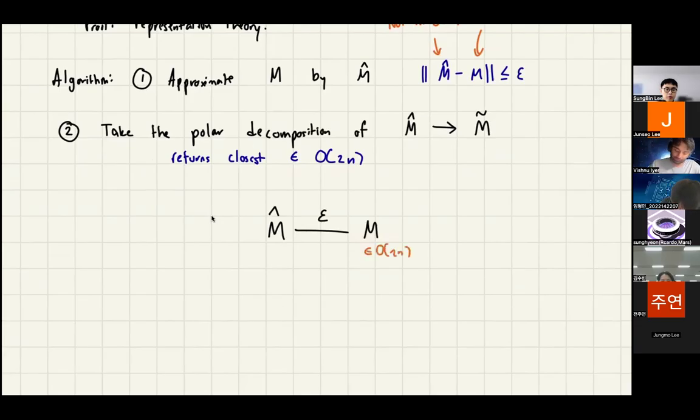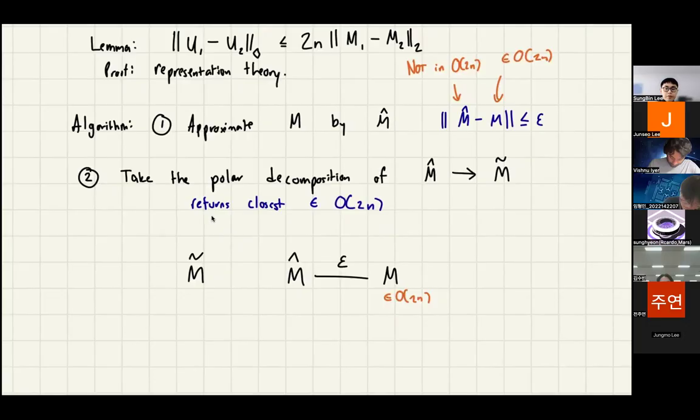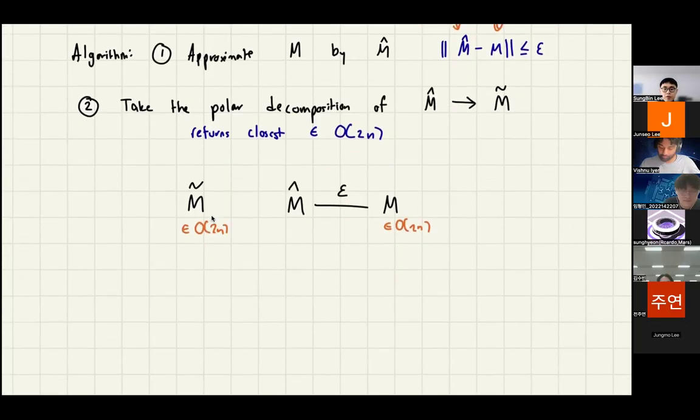The polar decomposition sends you to something that is also in the orthogonal group. It returns the closest thing, so this distance has to be at most epsilon.